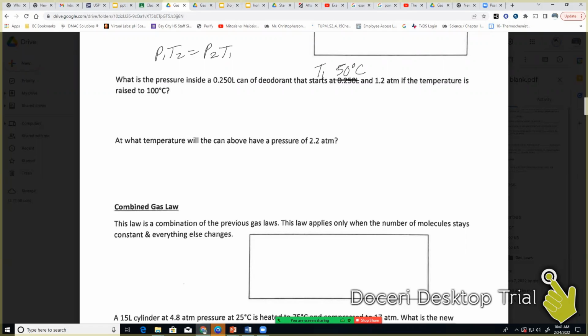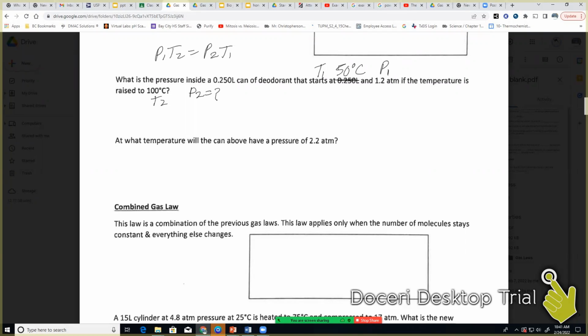So that's going to be my T1. And 1.2 atm, so that's my P1. If the temperature is raised to 100 degrees Celsius, so that's my T2, and I'm looking for my P2. I know it mentions a volume measurement here, but it doesn't say anything about that changing, so that's not going to be part of our equation.